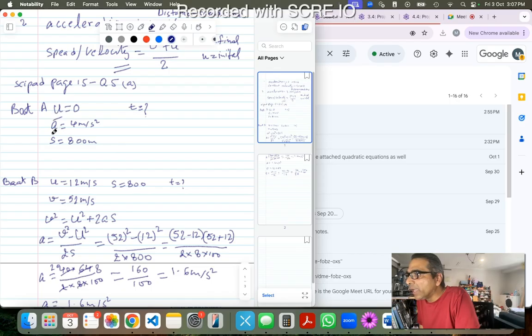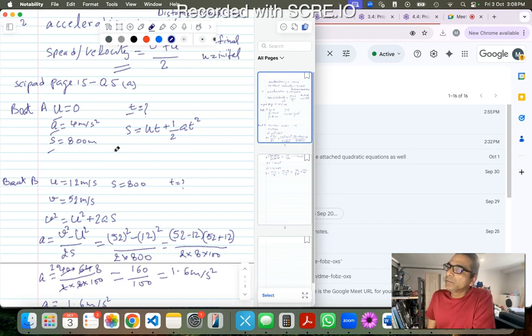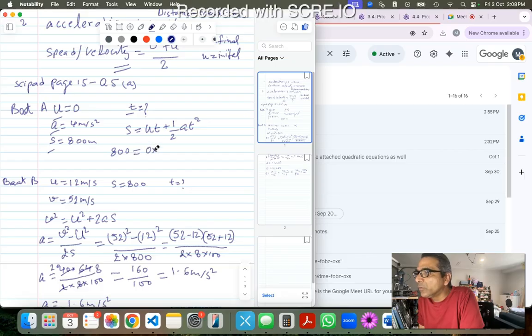So we know u, a, s, t gives the formula s equals ut plus half at squared. Here s is 800, u is 0, so 800 equals half a t squared, which eventually gives us this 2.